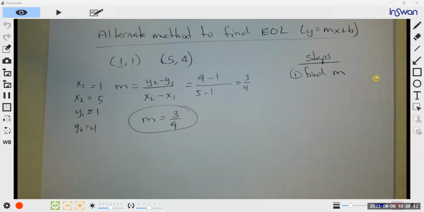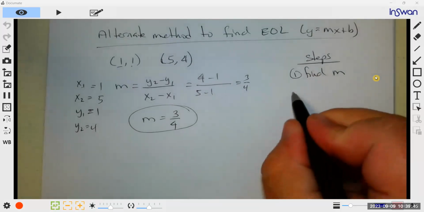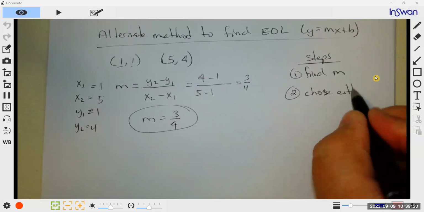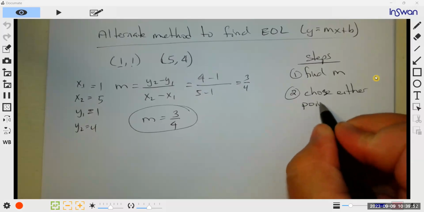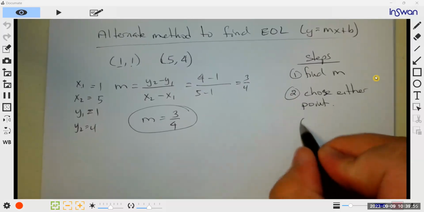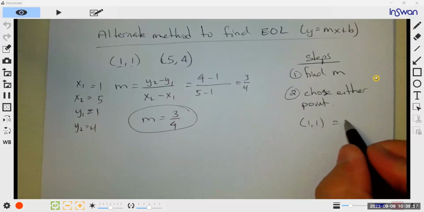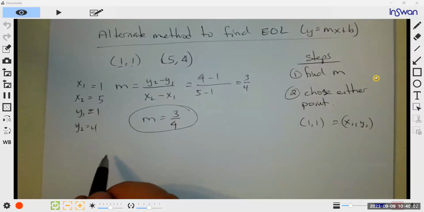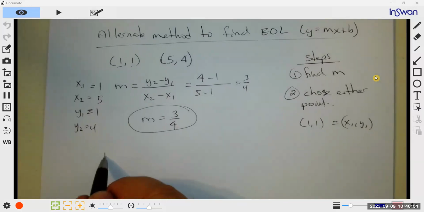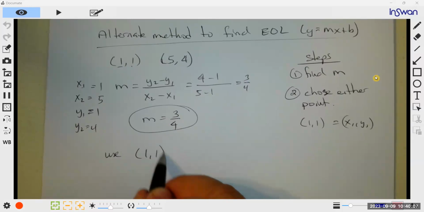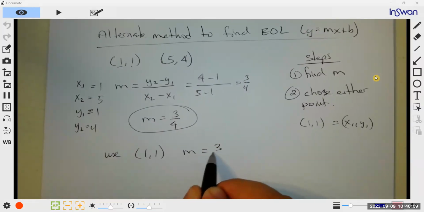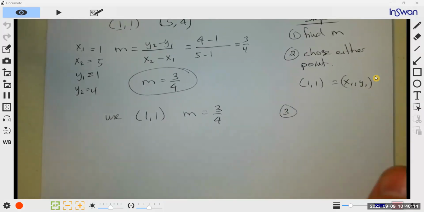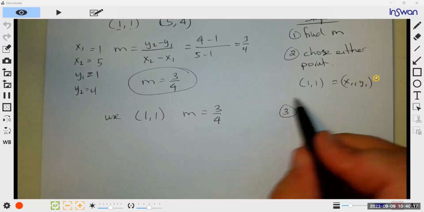Here's where it gets different now. Choose either point. Again, I'm choosing (1, 1) because that's x1, y1. That makes it easier. So I'm going to use the point (1, 1) and the slope 3/4.